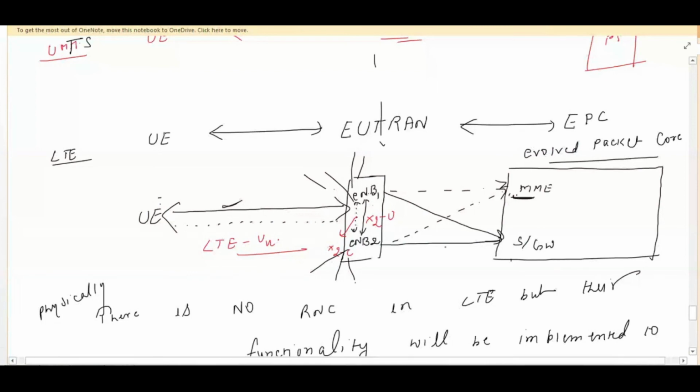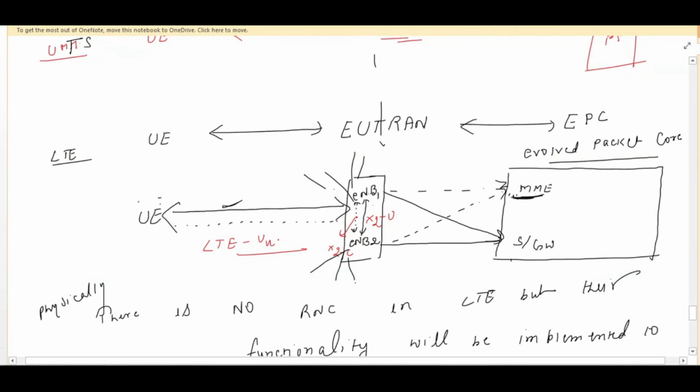So what signaling information will MME handle? That we'll see in the NAS layer. Suppose your registration procedure, mobile attach procedure, detach procedure, tracking area update procedure. We'll see so many call flows that will be handled by the MME. So that is NAS layer procedure. Sorry, I should not use NAS layer, I didn't tell it until after some time.